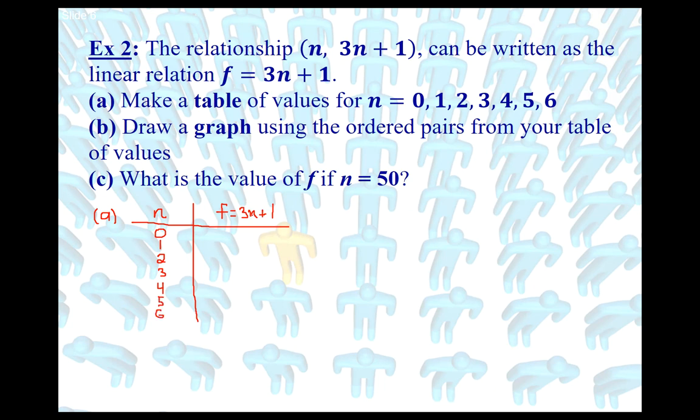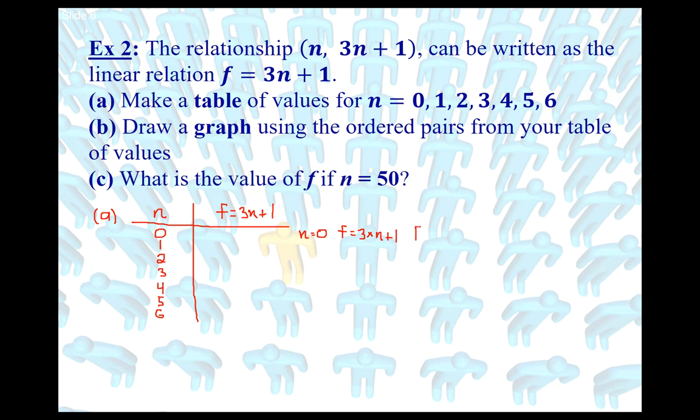Now, we have no pattern to look at here, or no description of the pattern. So what we have to do this time around is use this equation to actually calculate what the f value is going to be. Let's start off by doing a substitution when n equals 0, plugging it into the equation f is equal to, and again, with 3n, multiplication is the implied operation, so you have 3 times n plus 1.